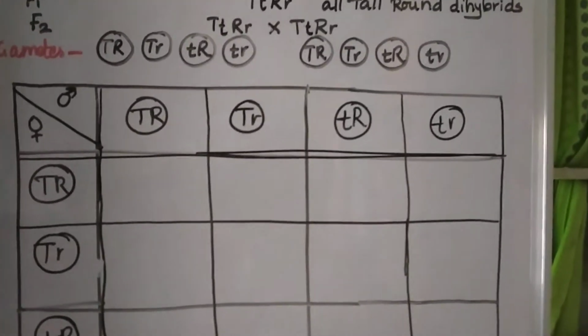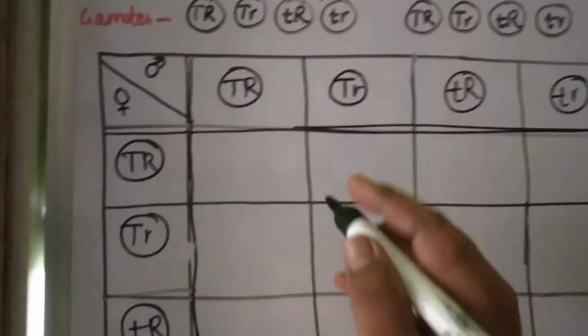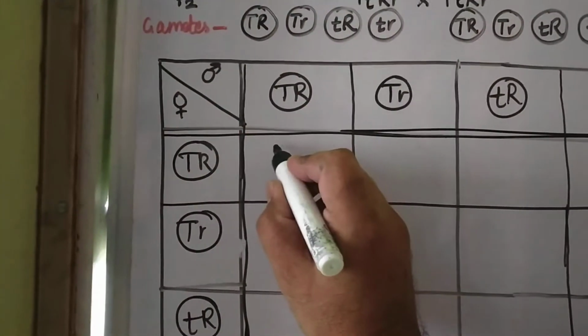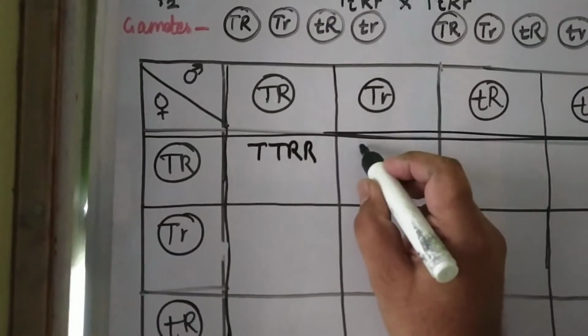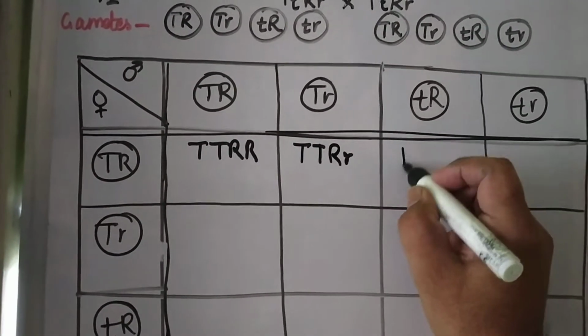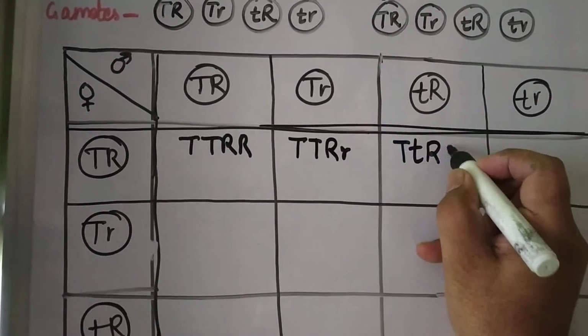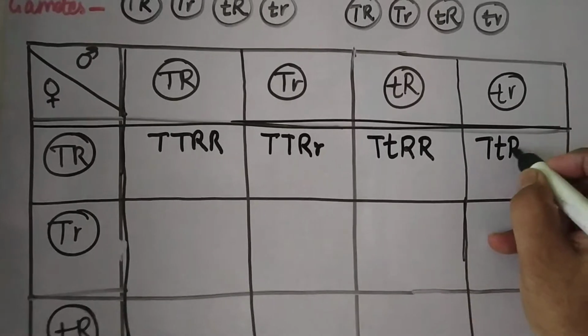So now let us consider the offsprings. Here capital T, capital T, capital R, capital R. Here capital T, capital T, capital R, small r. Capital T, small t, capital R, capital R. Capital T, small t, capital R, small r.